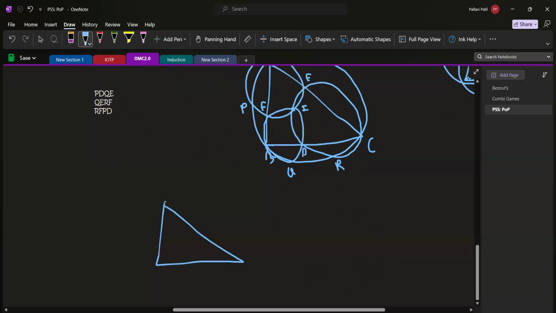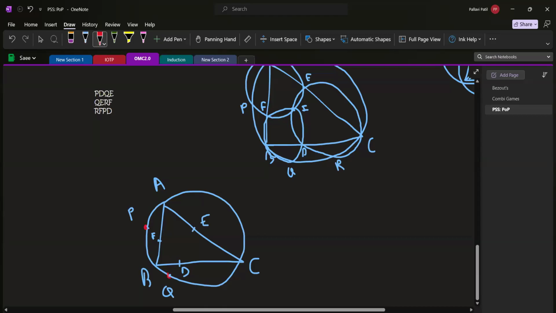We have this, this. You want to show that B, D, Q, E is cyclic.